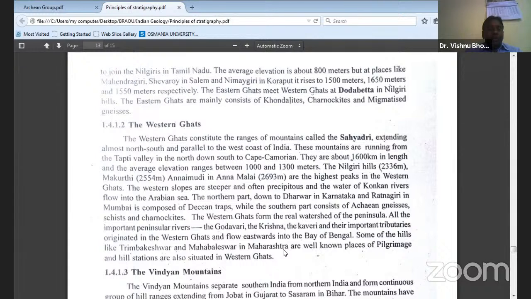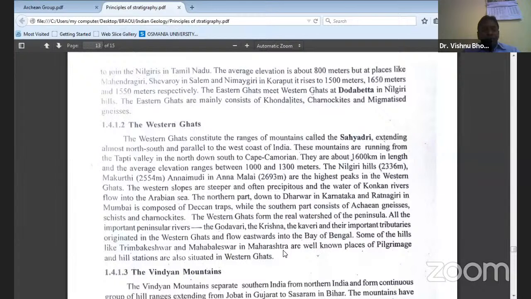These mountains run from the Tapti Valley in the north down to the south to Cape Comorin. The length is about 1600 kilometers and the average elevation ranges between 1000 and 1300 meters. Anamudi in Anamalai is the highest peak in the Western Ghats.